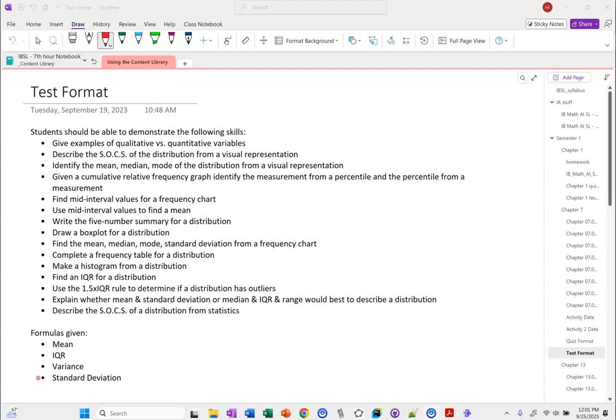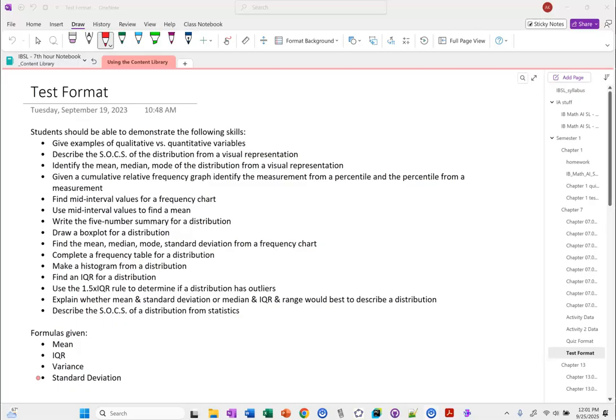You should be able to describe the SOCS for a distribution from a visual, like a dot plot or something. What does the letters SOCS stand for? Shape. Outliers. Center. Spread.